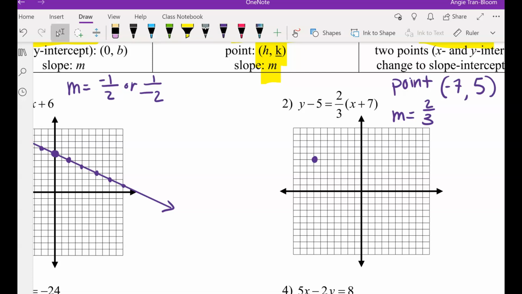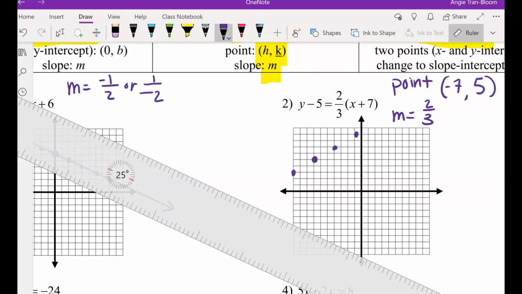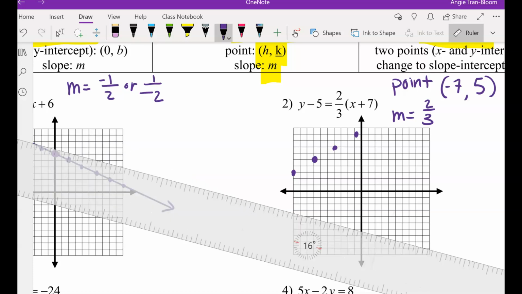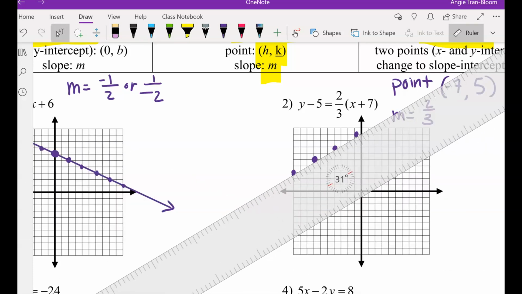Rise is 2, go up 2, run 3. I want you to count until the end of the grid. By the way, can I go down 2 and left 3 as well? Yep. I want you to make the dots until the end of the grid, and then use your straight edge. Don't freestyle.